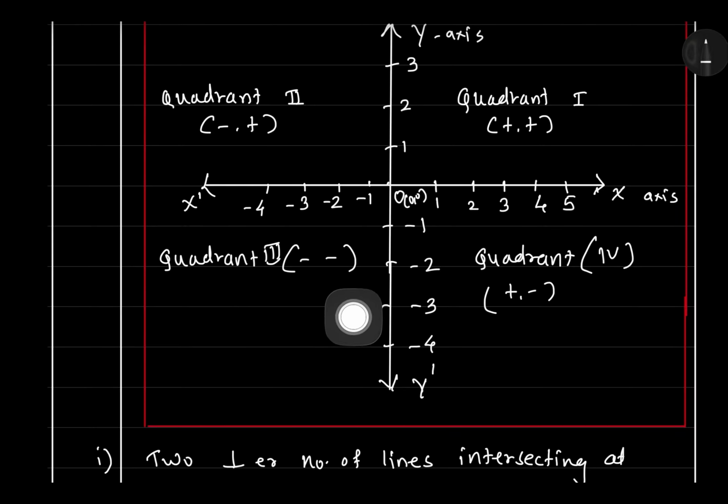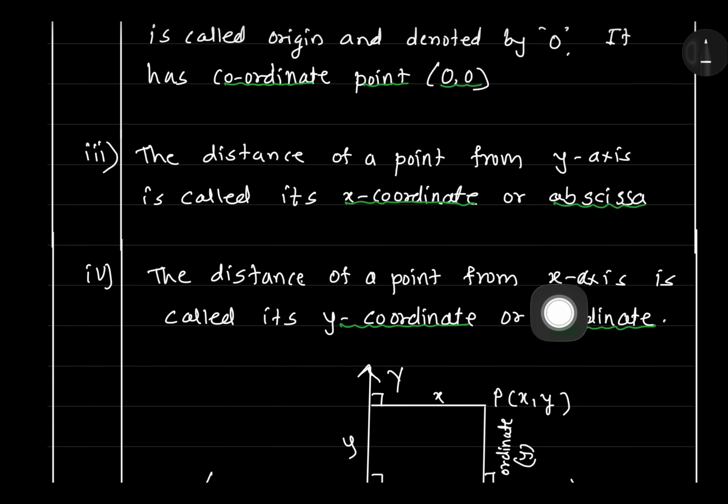In the third quadrant, both are minus, so minus minus. In the fourth quadrant, x is positive and y negative, so plus minus.